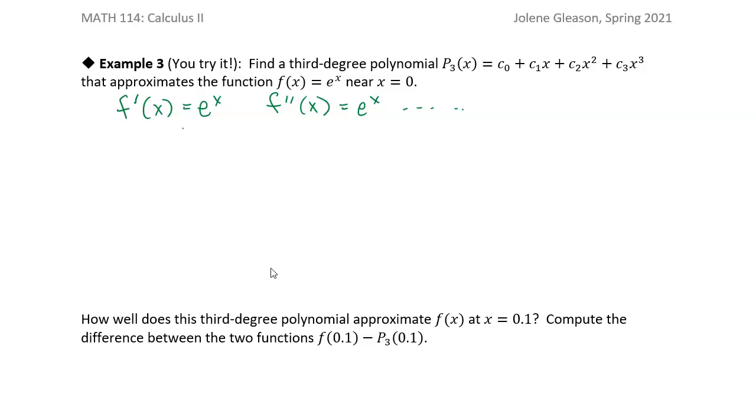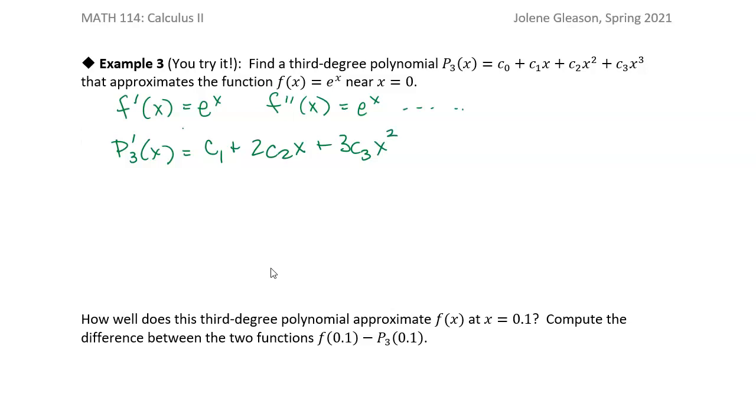So let's take a look now at all the derivatives of this p3. The derivative of what we're calling p3 of x is equal to, again, the constant term goes away. We get c1 plus 2c2 times x plus 3c3 times x squared.